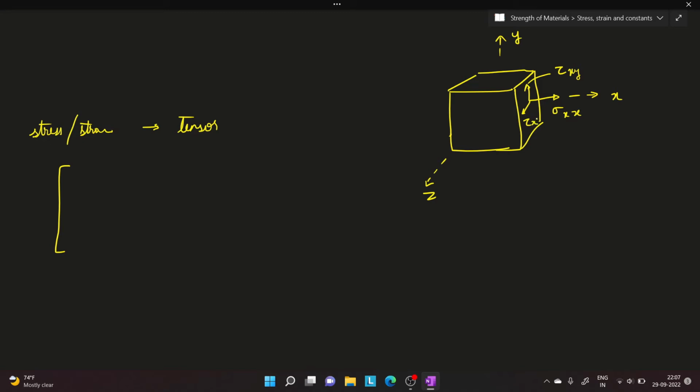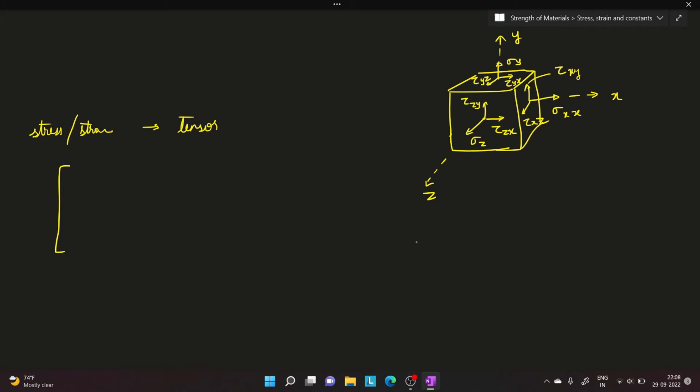Similarly here, firstly I'll have the direct stress, which is sigma z, in the upward direction I'm going to have tau zy, and towards the x direction again tau zx. Similarly in the y direction, direct stress sigma y, towards x direction tau yx and tau yz.